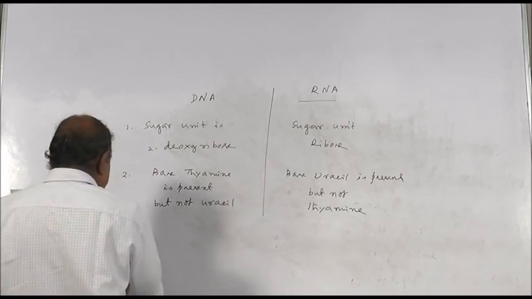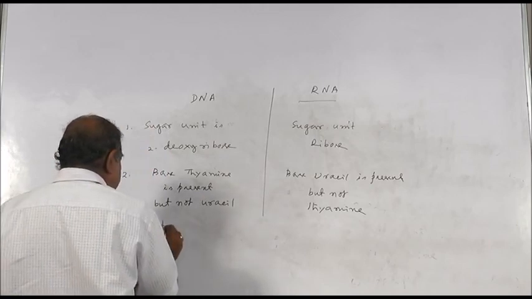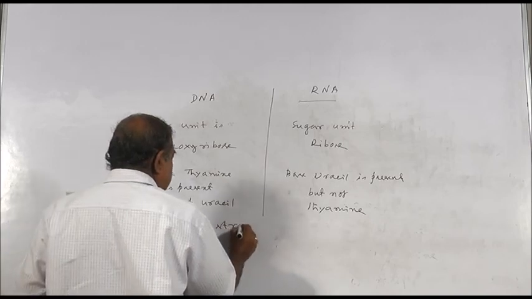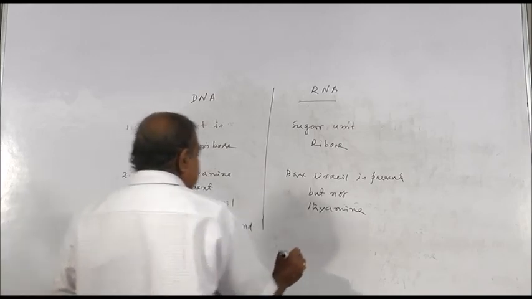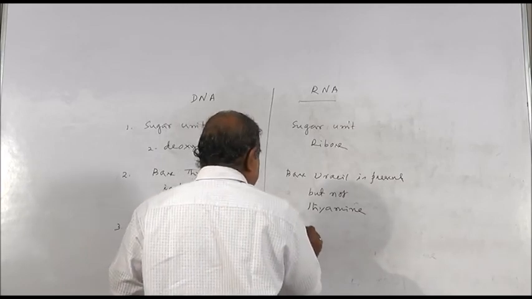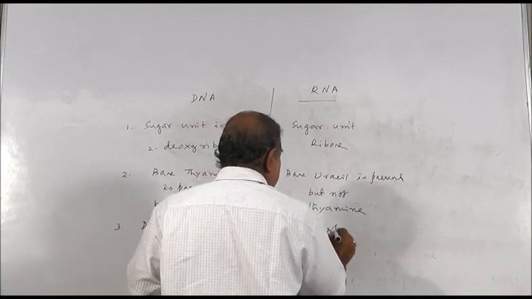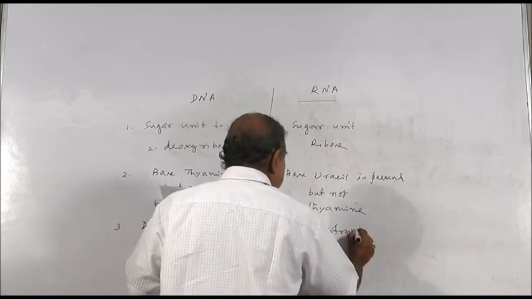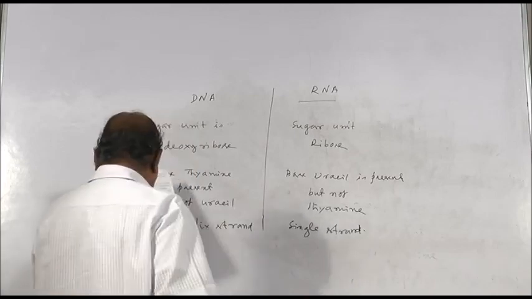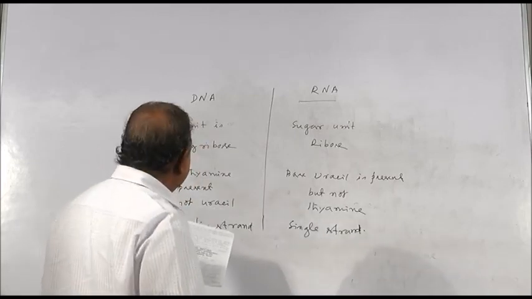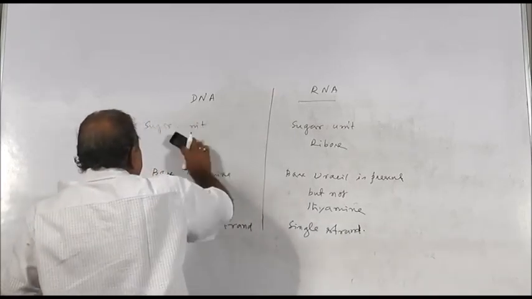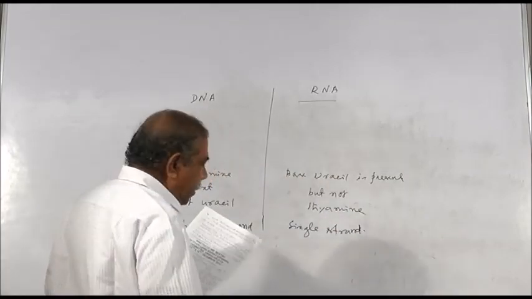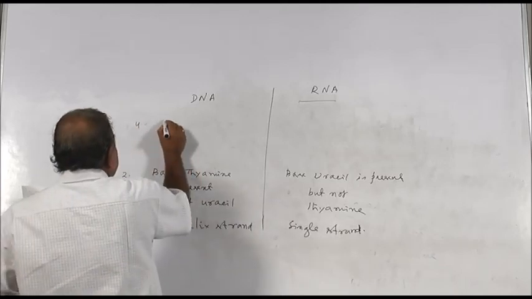Third, DNA is a double helix structure, a double helix strand. Here in RNA it is a single strand. Fourth, DNA is present in the nucleus, inside the nucleus.